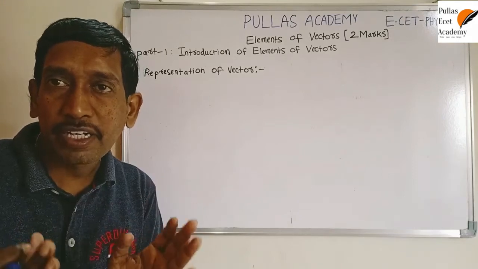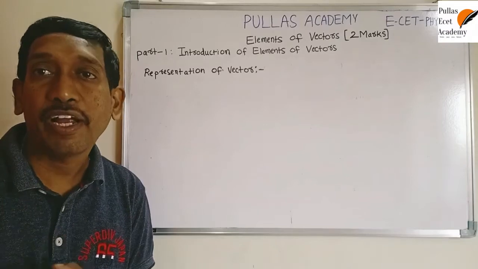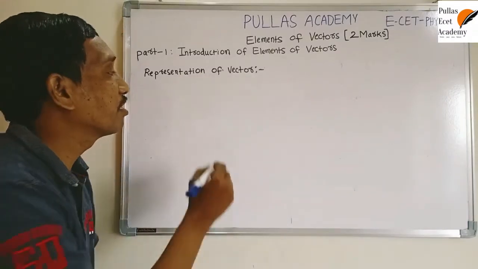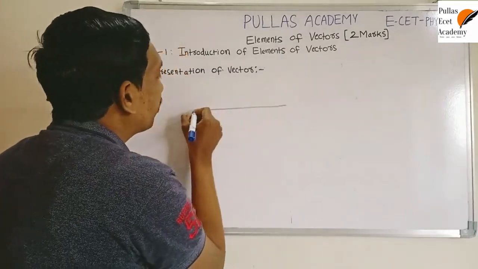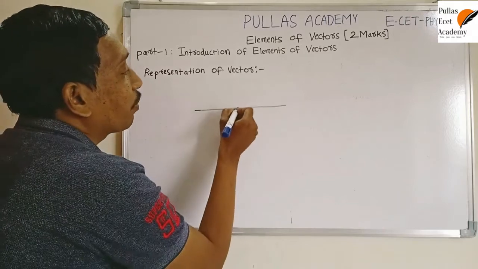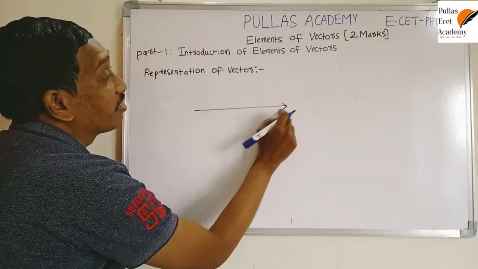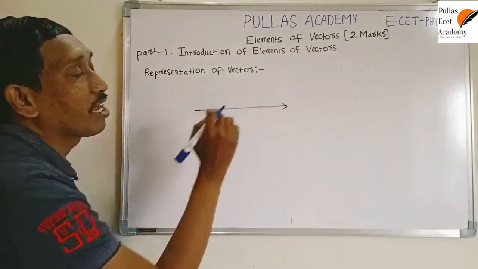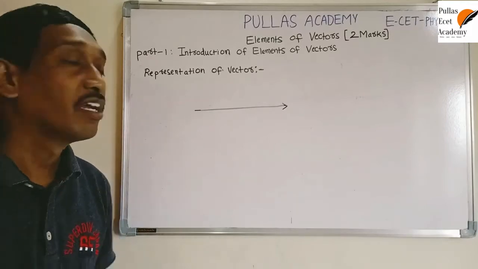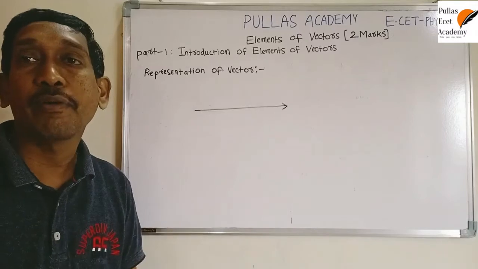This is the line segment, a directed line segment, with an arrow end. This arrow mark indicates the direction, and the length of this line segment stands for the magnitude. This is a simple representation of a vector.